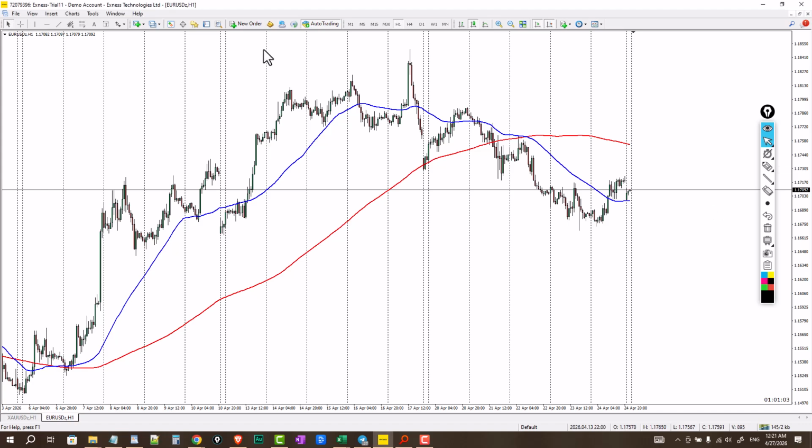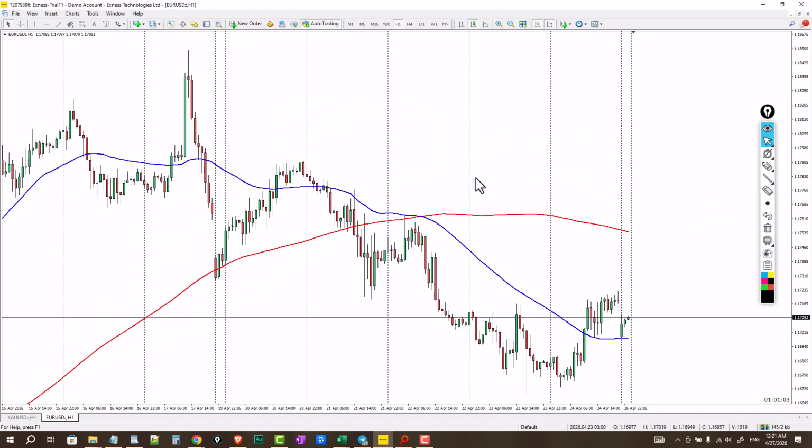In this case, for the moving average indicator, the way it is calculated is that it's going to take the reading of the candles on the chart, depending on the time frame that you're on, and compute those candles based on the inputs that were entered into the indicator's dialog box when it was being added to the chart, and then it's going to plot a line on the chart.